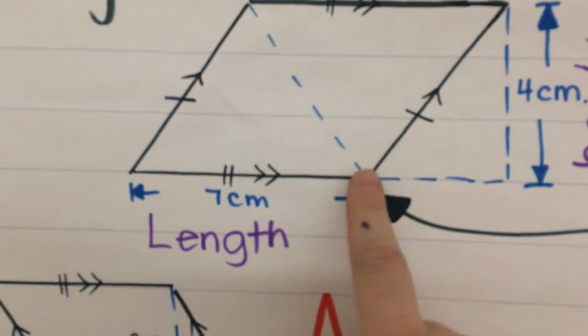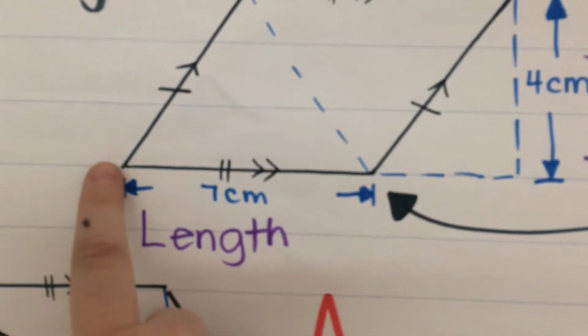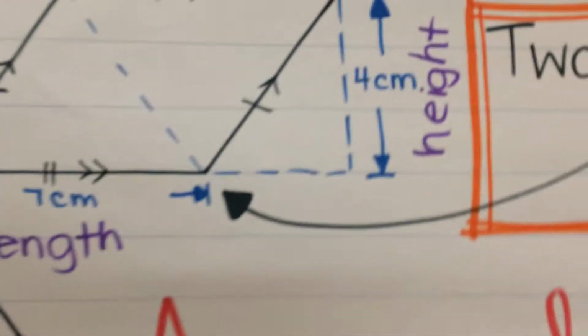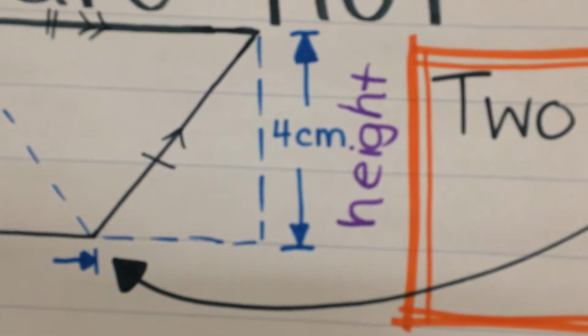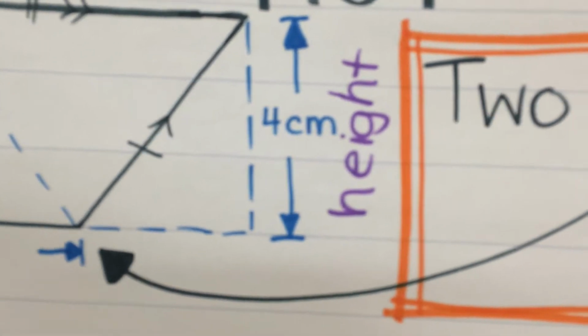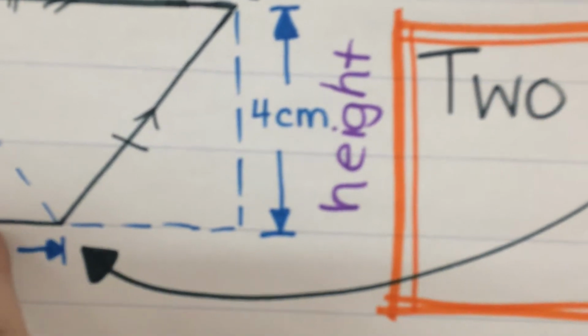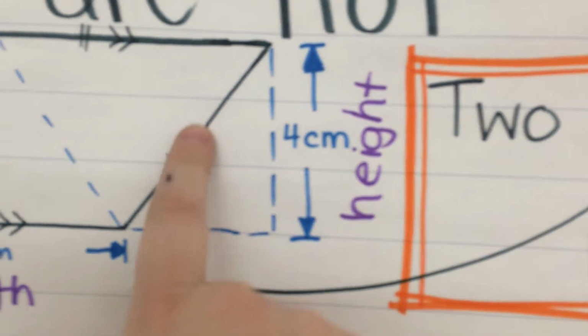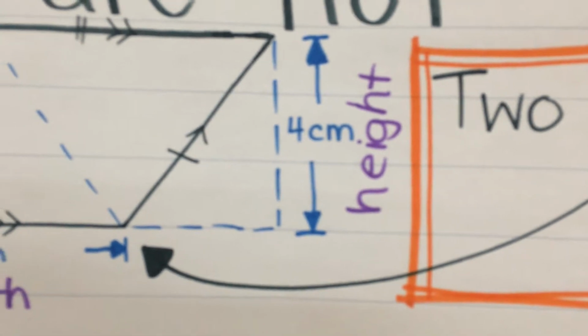It starts at the very tip of the bottom of the parallelogram. Another important thing to note about a parallelogram is the height is not from here to here, because that's not a perfect vertical line. The height is from the bottom, its base, to its top, not the line. The line ends up being a lot longer.